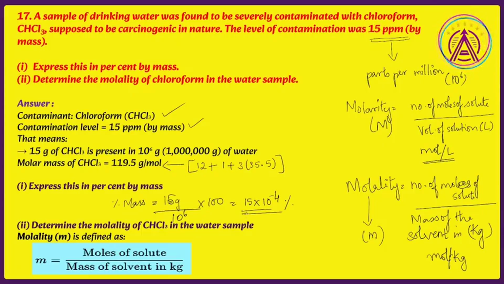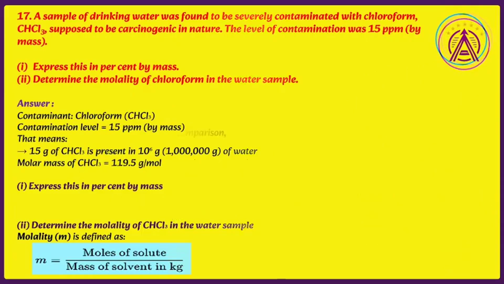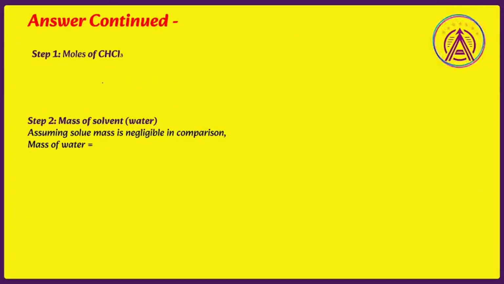So moving on to how we can determine its molality. Molality, I have already given you the formula. It's number of moles of your solute divided by mass of the solvent in kg. So how can I calculate the moles of chloroform? Okay, number of moles is nothing but given mass divided by molar mass, correct?